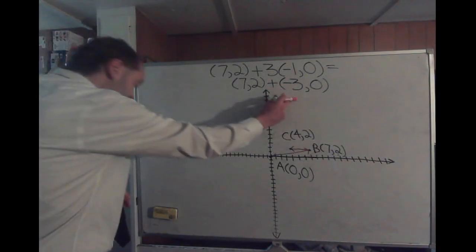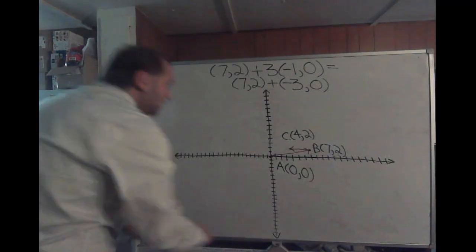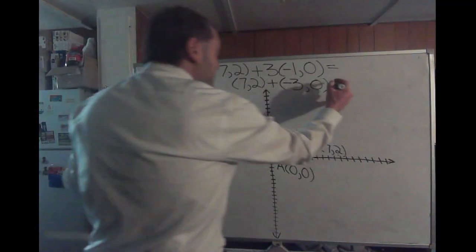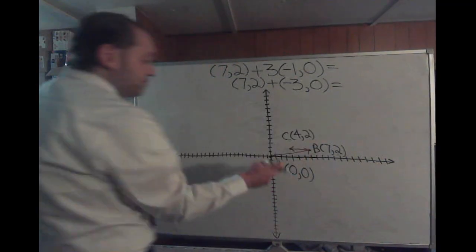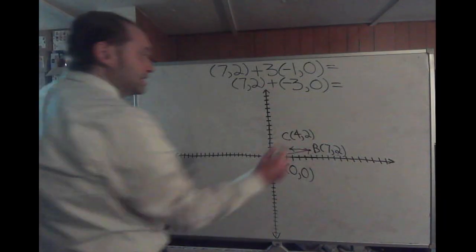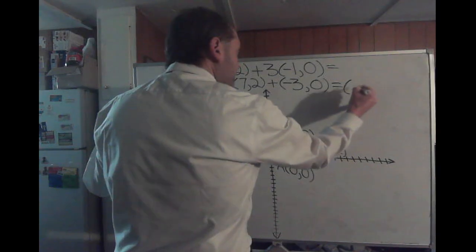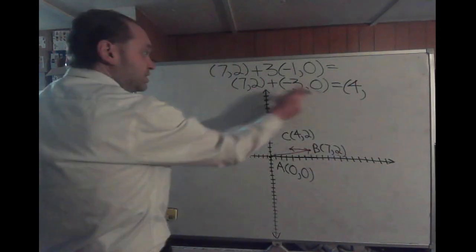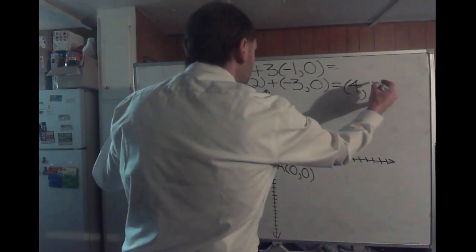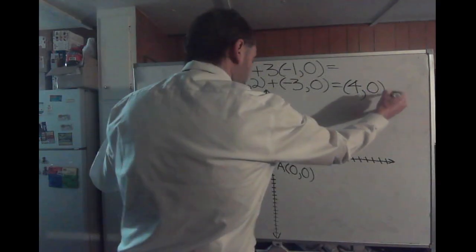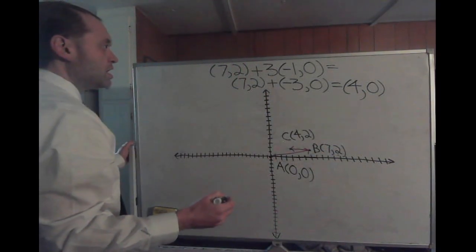Now by adding these vectors, this is telling me that if I go from point A to point C directly, that's what my vector will be. So 7 plus negative 3 would give me positive 4. 2 plus 0 would give me 2.